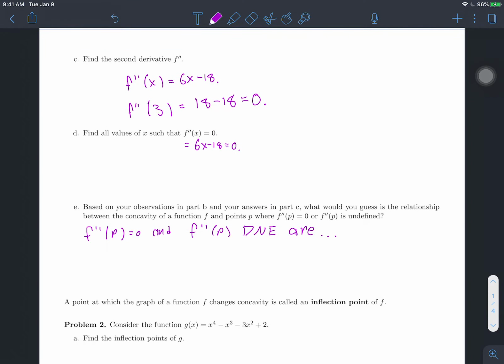If f double prime is equal to 0, let me pose the following question. If f double prime is equal to 0, do we have an inflection point? Is it possible for us to not have an inflection point? I see McLaren shaking her head.